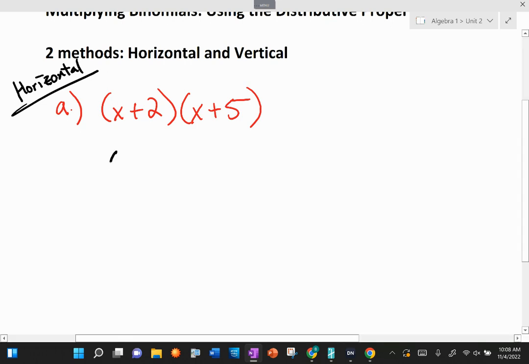So I'm going to take the x, the first part of that first polynomial, and then I'm also taking the second part of that first polynomial, and I'm going to distribute them to the second polynomial, so that would fill in like this.